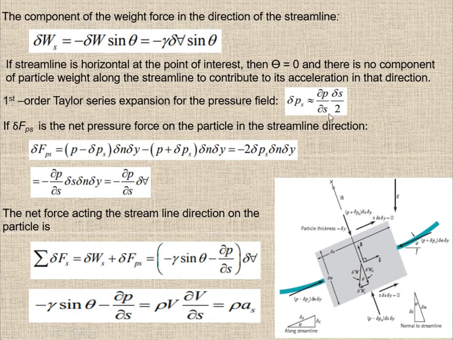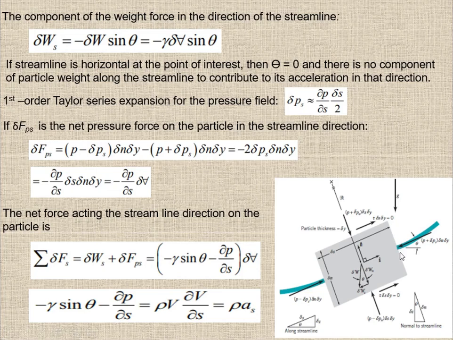We are not going to consider the higher terms. Since we are going away from the point P, the pressure will increase, so this is going to be equal to P plus delta P_s.